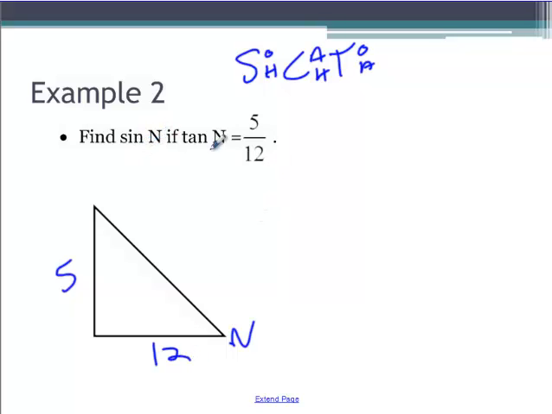I need to find sine of n. Before I do that, because I need the hypotenuse, I need to find that hypotenuse. If you remember your triples from the third video in 8.2, 5, 12, and 13. So sine of n is opposite, 5 over the hypotenuse, just like it says up here in SOHCAHTOA, 5/13.